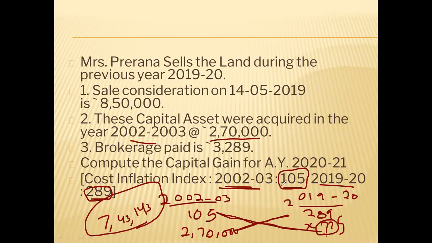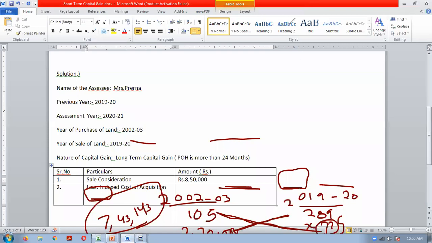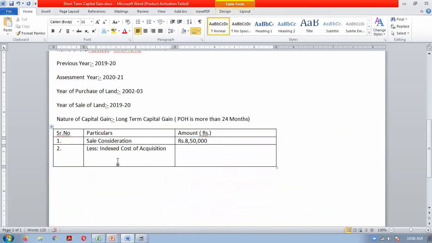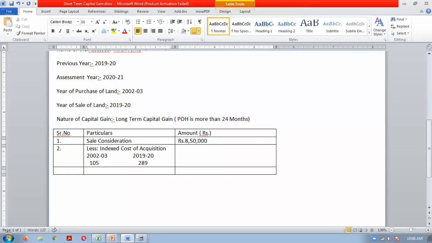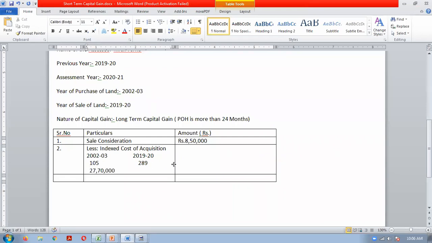By using these factors, we will increase the cost. So how have we calculated it? In 2002-3, 105 was the index, and in 2019-20 it has become 289. So similarly we can compare. 270 would have become how much?